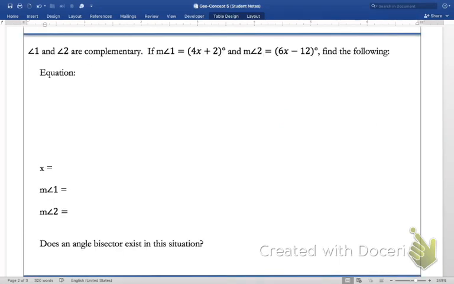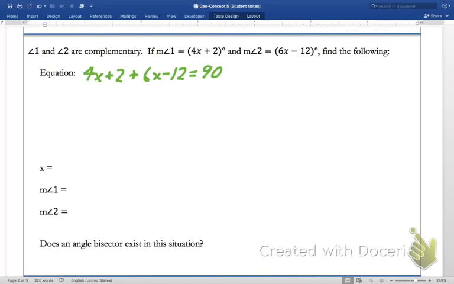So how does algebra come into play? Well, if angle 1 and angle 2 are complementary in this example, that means the two angles add up to 90. Now, we're given angle 1, we're given angle 2. So if I were to write an equation for this, I could write that angle 1, which is 4x plus 2, and angle 2, which is 6x minus 12, they have a sum of 90.